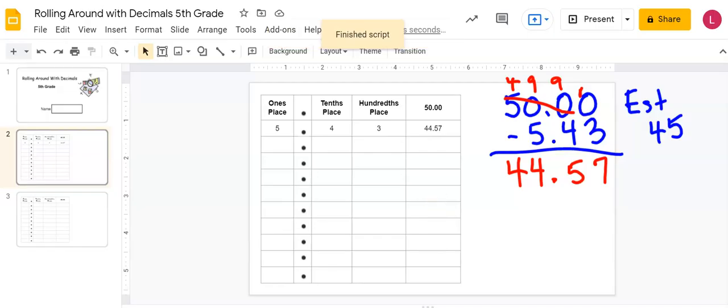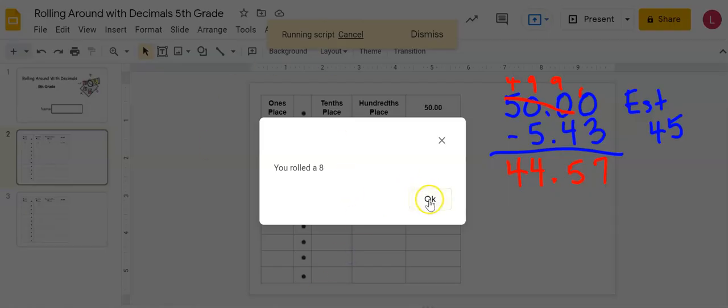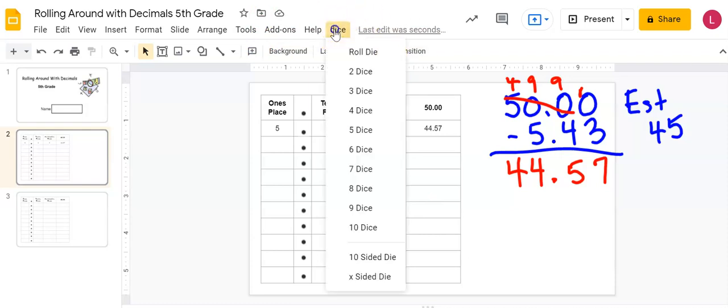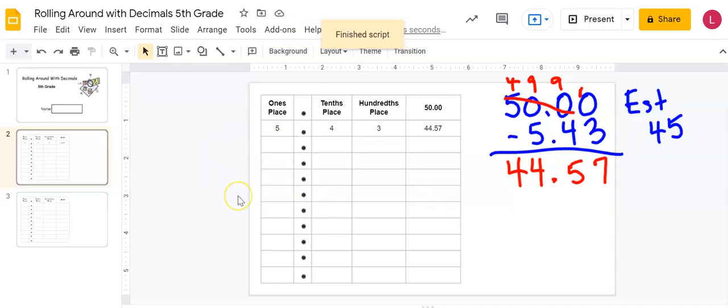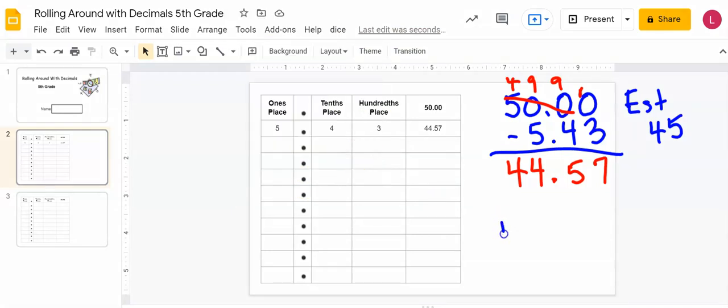So that's my first digit is a 5. And then my next digit is an 8, and then the next one is a 6. So a 5, an 8, and a 6.